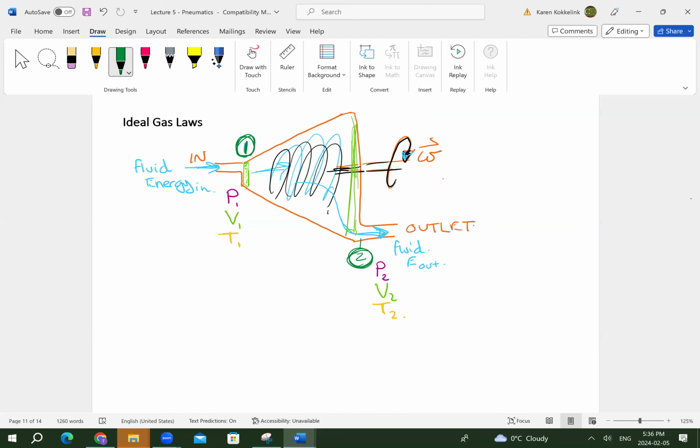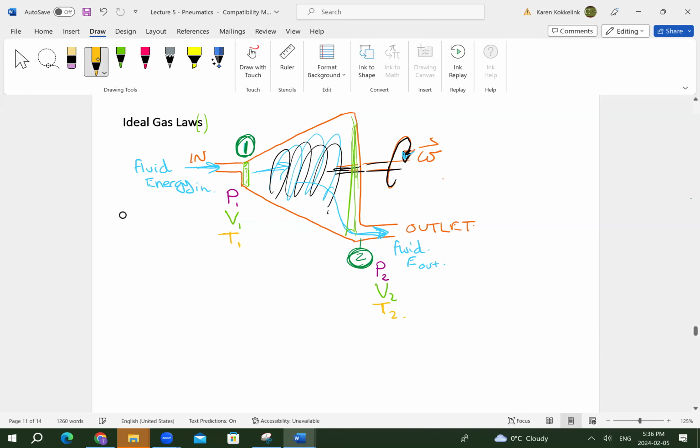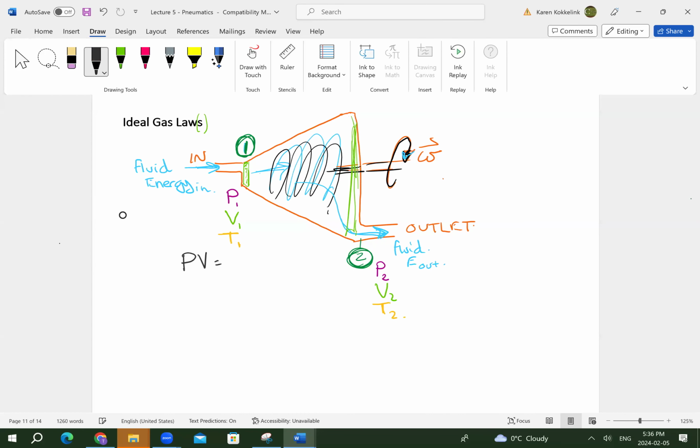And what the ideal gas laws, and I'm going to say S in brackets, there's really only one ideal gas law. And what we know is that the relationship between pressure, volume, and temperature holds this true. PV equals nRT, where P is pressure, V is volume, n is the amount of the substance in moles, R is a constant that is describing the substance, the fluid, and T is temperature.